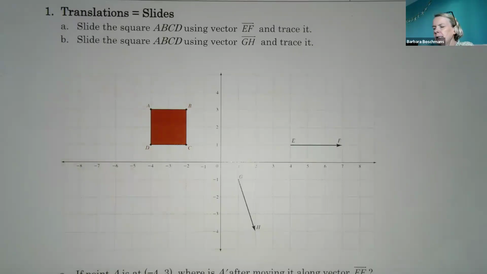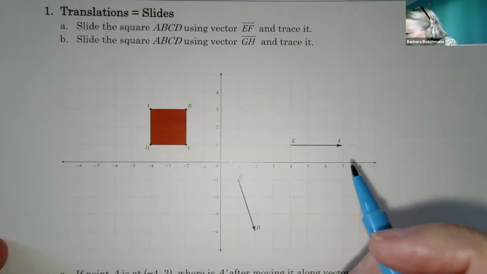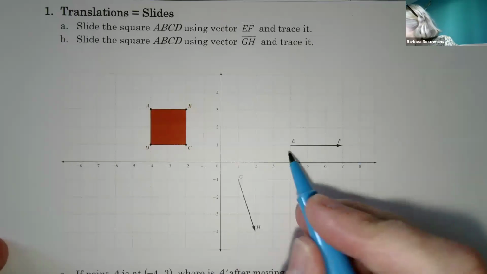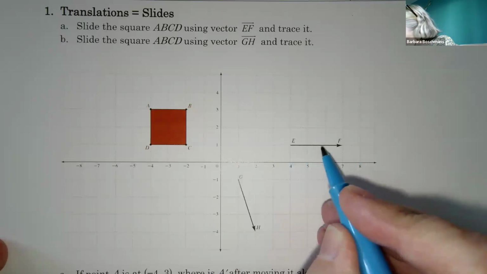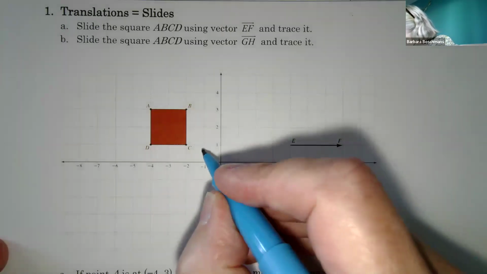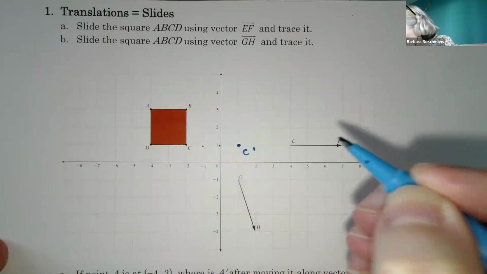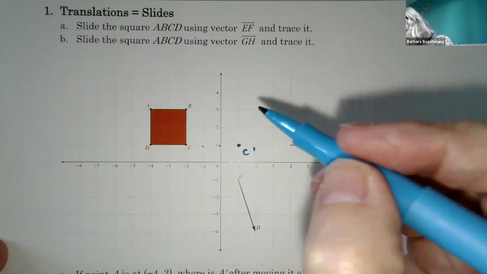What you need is a pre-image. So we have a square given, and you need a vector. So the very first part is to slide square ABCD using vector EF, and you trace it. So if you look at EF, it goes 1, 2, 3 units to the right. So 1, 2, 3 units to the right would be your C, and we call that prime for the image.